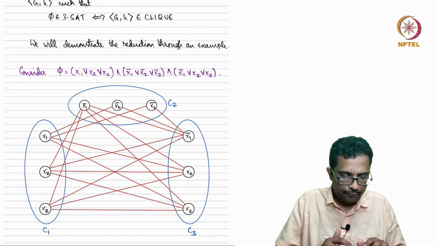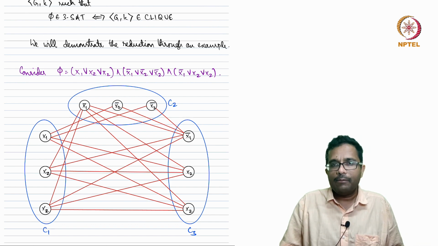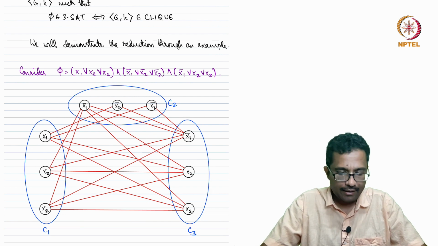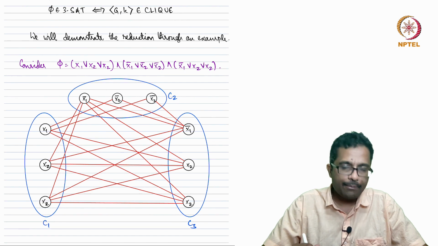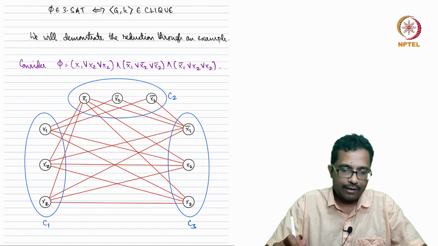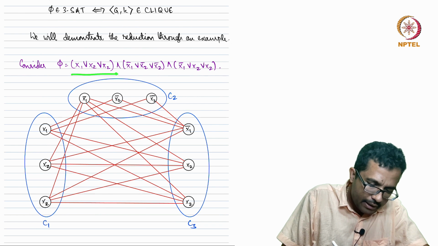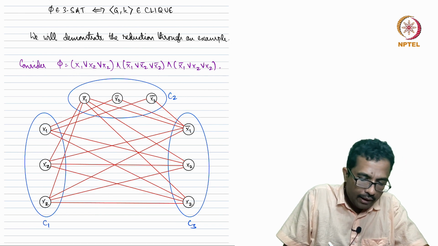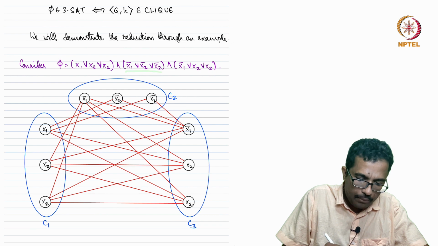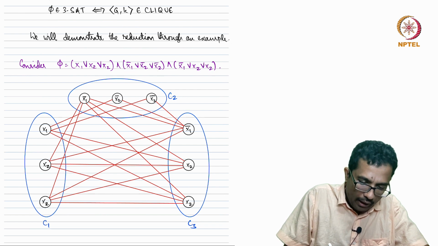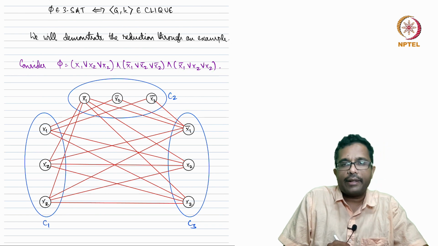Just that the figure will get much messier, but for the purpose of understanding this reduction, the example that we are taking is representative enough. Okay. So suppose phi is this formula: (x1 or x2 or x2) and (x1 complement or x2 complement or x2 complement) and (x1 complement or x2 or x2).